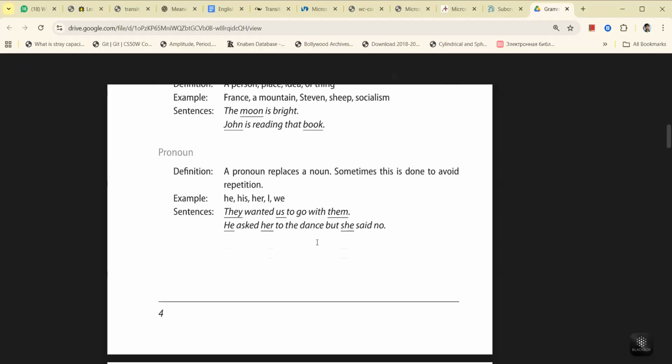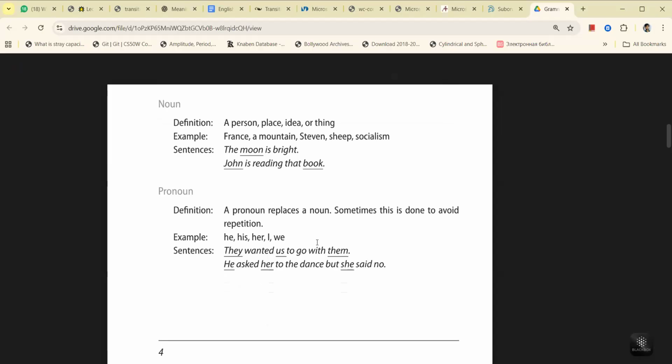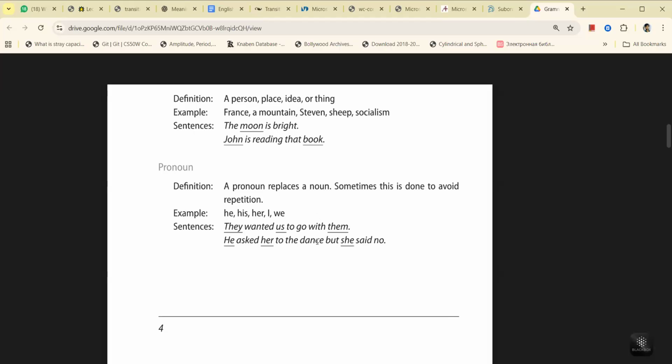Now we are going to understand the 8 parts of speech one by one, and first we covered the noun. Noun is a very simple part of speech and everyone can understand it. It is a name. Then pronoun. Definition: a pronoun replaces a noun.